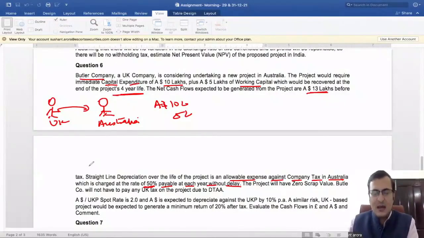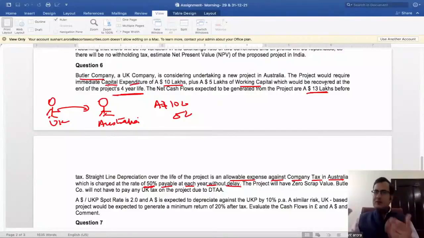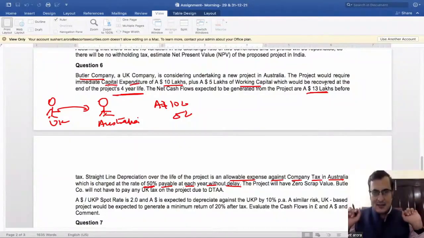Sir, this we are not very clear with. So far we are clear that cash outflow is simple, sir, 15 lakhs: 10 and 5 will be released. Sir, cash inflow is also clear, 13 lakhs. Sir, is it every year? Yes, every year, 4 years. Okay, sir. This we are assuming. Yes, sir.